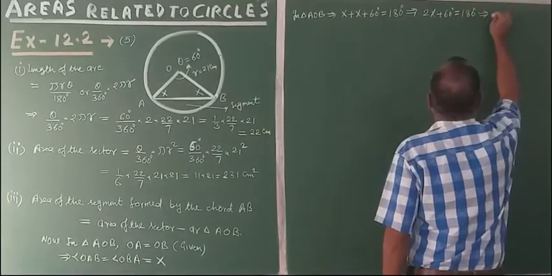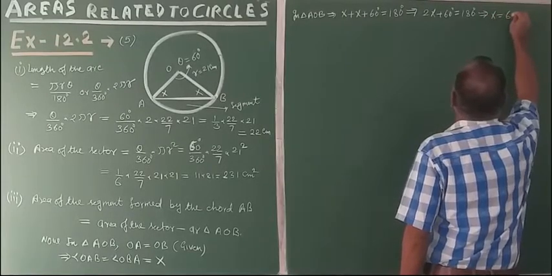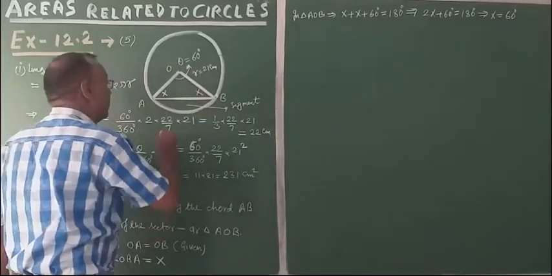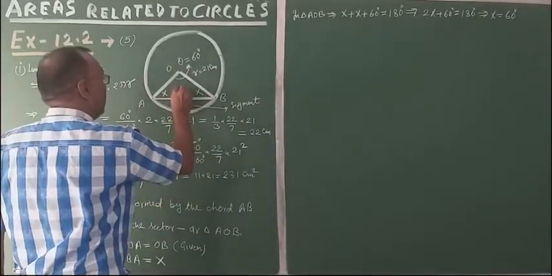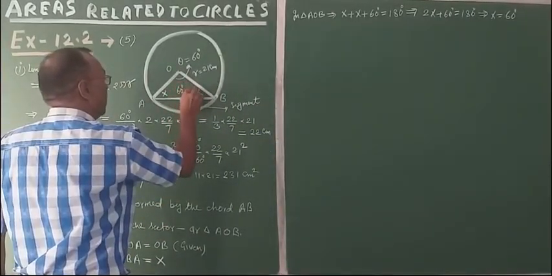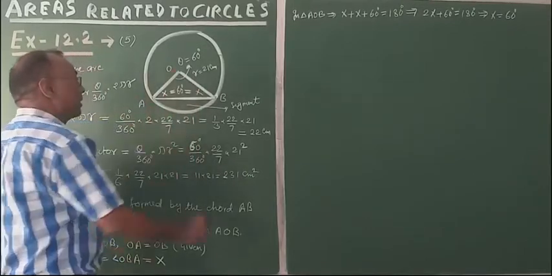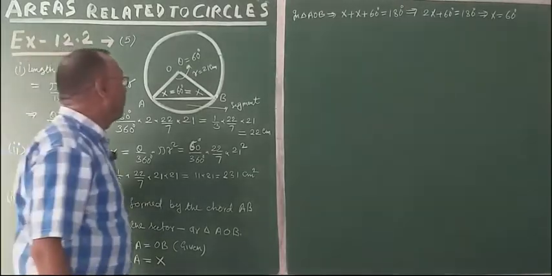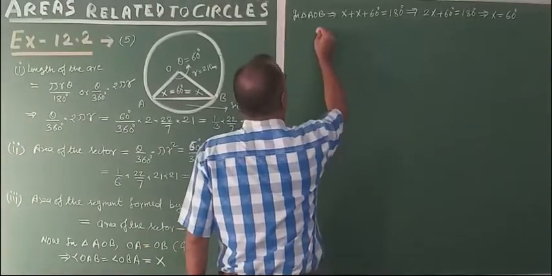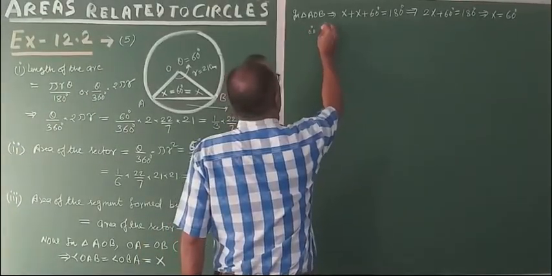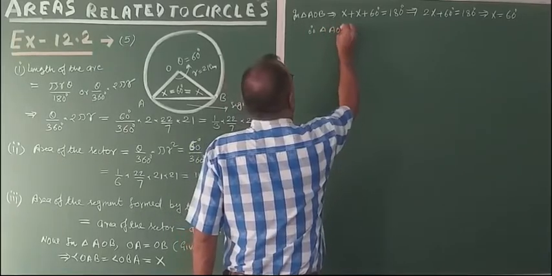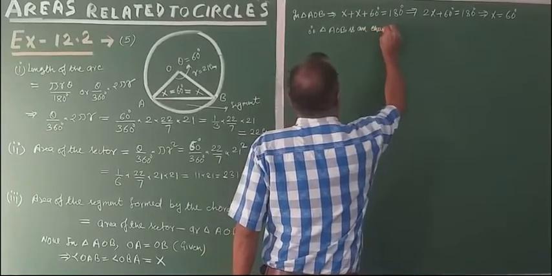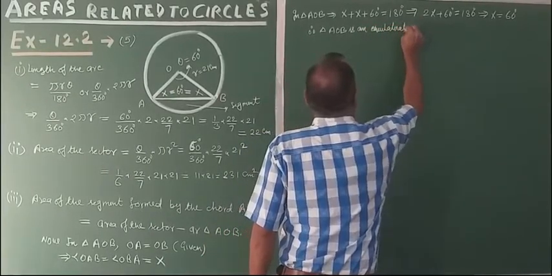Therefore, X is 60 degree. Both the X's are equal to 60 degree, so all three angles are equal to 60 degree. Therefore, triangle AOB is an equilateral triangle.